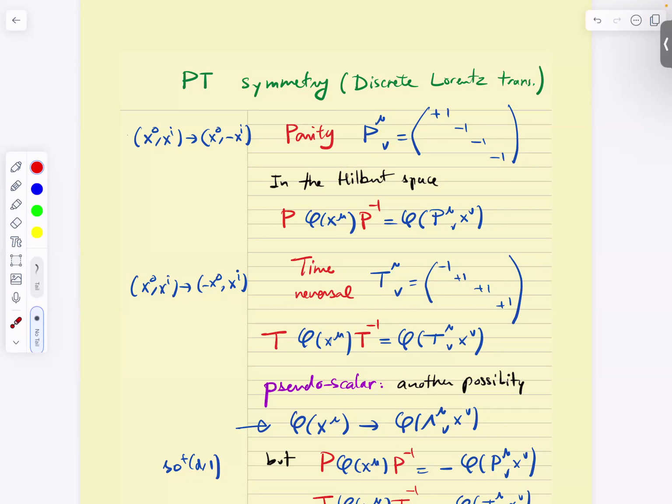Let's say you act with the fermion creation operator on the vacuum. So this creates one fermion. The principle behind projective representation said take a rotation by 2 pi, whatever the rotation is.